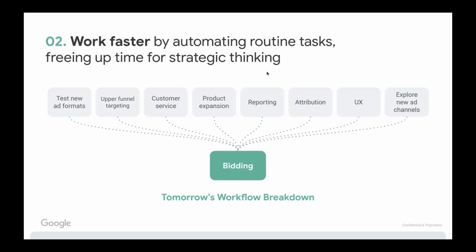The other benefit is that it frees up a lot of time on your end because you're no longer doing manual bidding. And trust me, I've been there a long time ago, trying to do things manually, but it takes so much time, and the system can do it more efficiently. By freeing up this time, you can focus on other really important things, such as testing new formats, providing great customer service, and thinking about your attribution models and design.